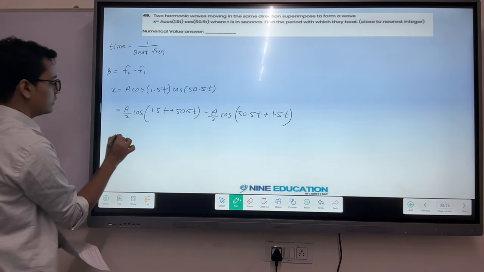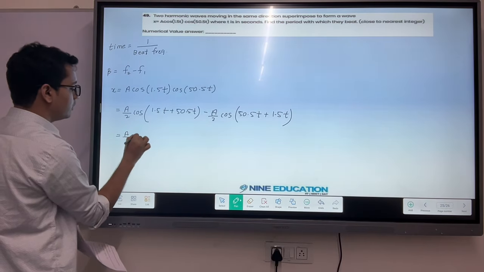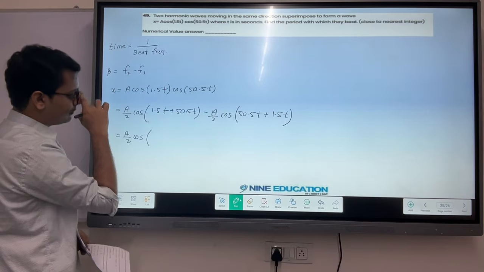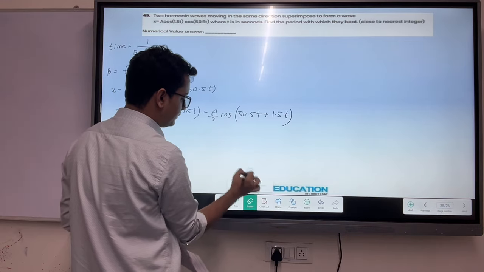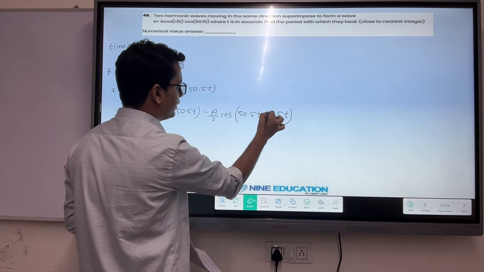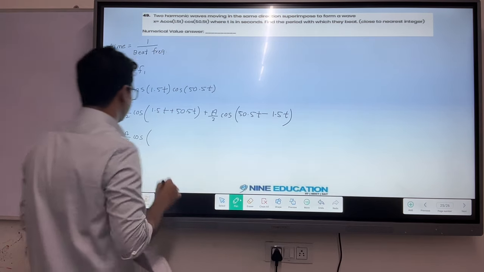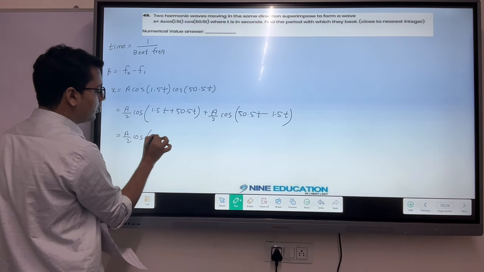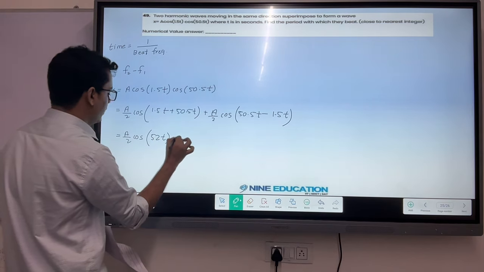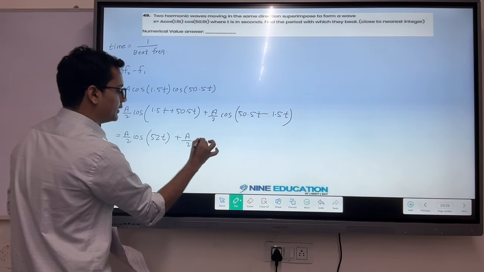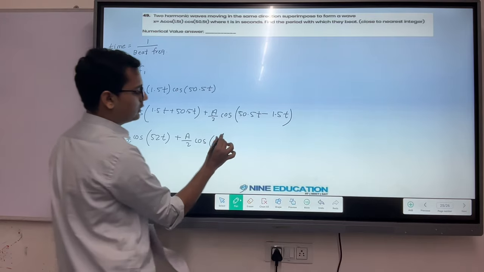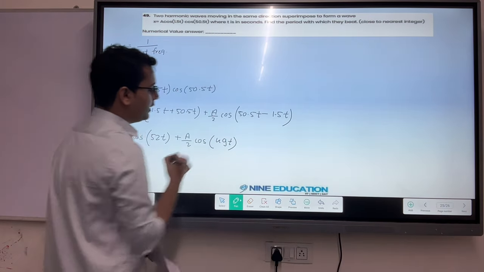Okay, so this is basically A by 2 cos of, sorry, this should be negative, should be positive. A by 2 into cos of 52t plus A by 2 into cos of how much? 49t.